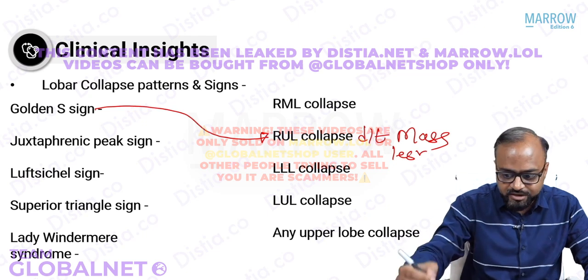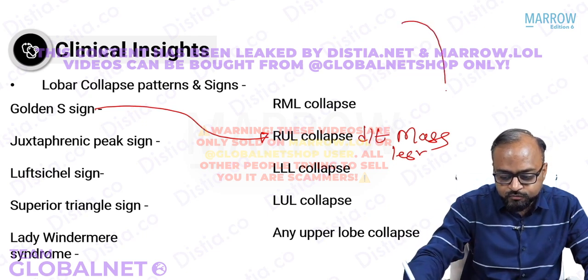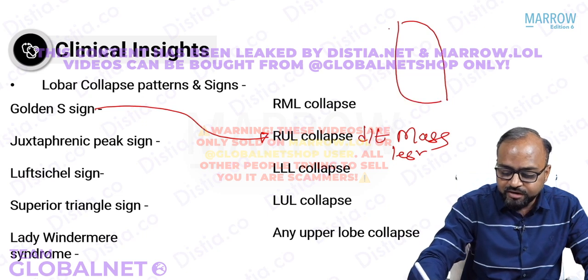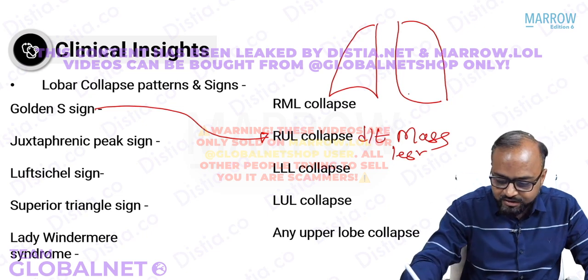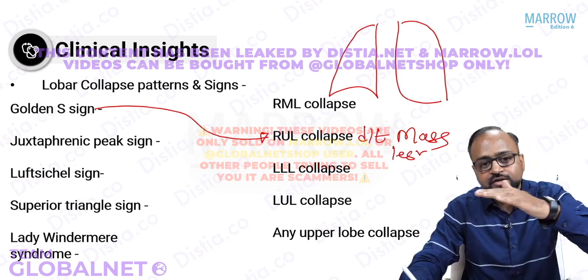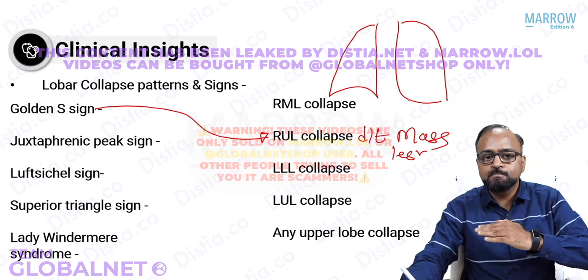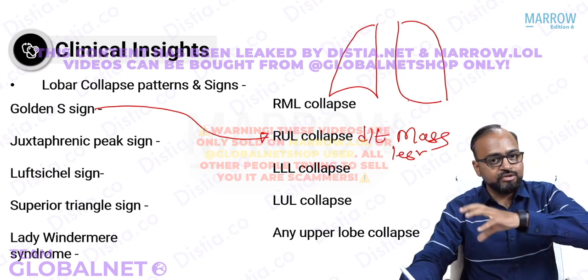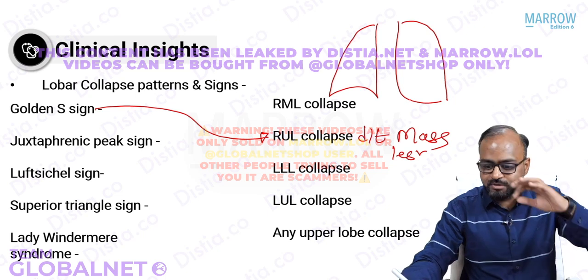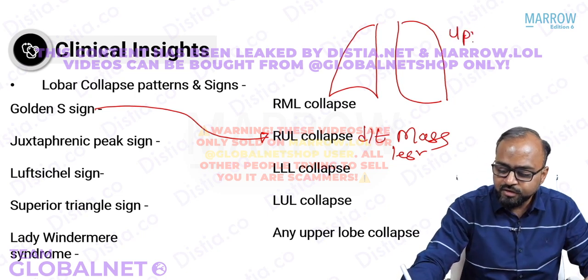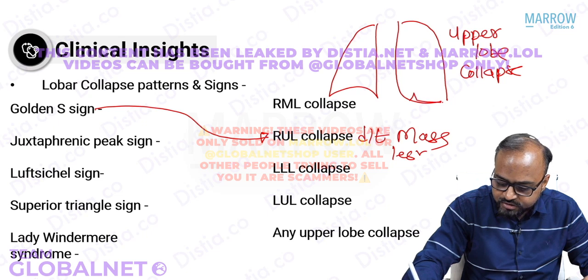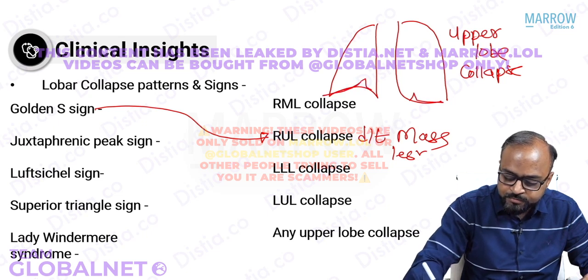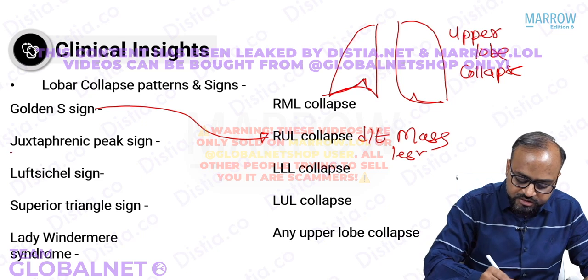Juxtaphrenic peak sign. Yes, so this is something that is new. What happens basically is that whenever an upper lobe collapses, it creates a pull on the lower structures, that is the lower lobes and the diaphragm, towards the upper side. So there is a small peak which is seen along the diaphragm sometimes, and this is called juxtaphrenic.